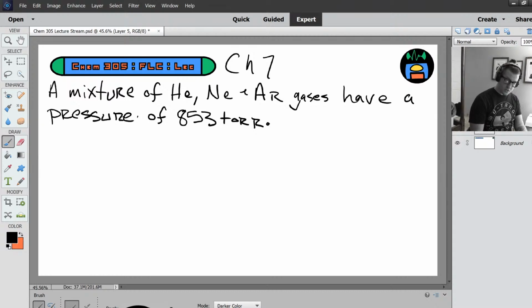The partial pressure of helium, so we're told the partial pressure of helium is 76 torr.